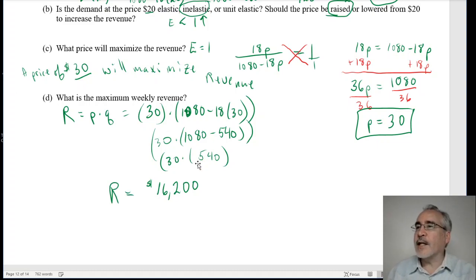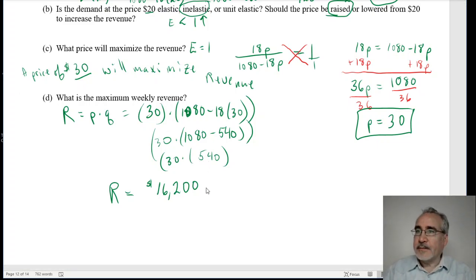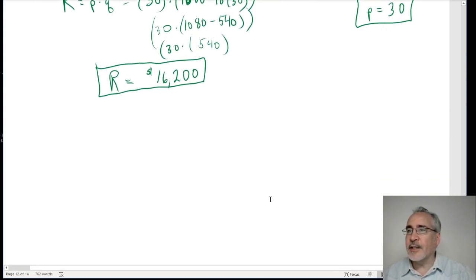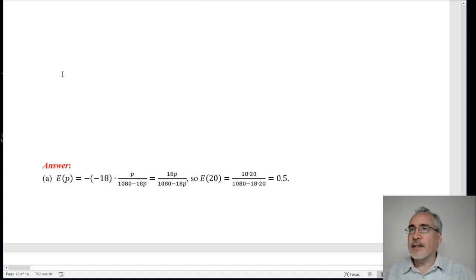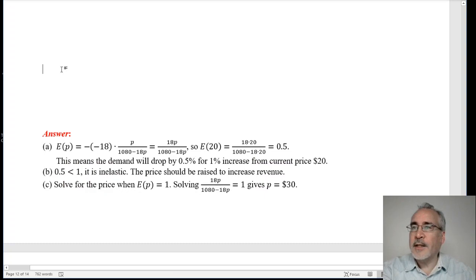Of course, that does not include the costs of making whatever we're making. But that is the revenue, and that's the maximum we're able to make with this demand function. And again, we come down here. Let's take away some of this so it sits a little better.